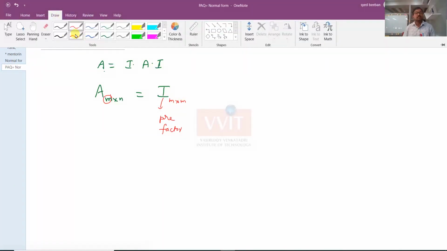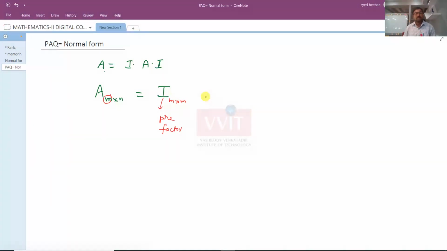The matrix I after A is called the post factor, which is of order n by n. So the m is the same, and at the end I get m by n, as the n is the same.